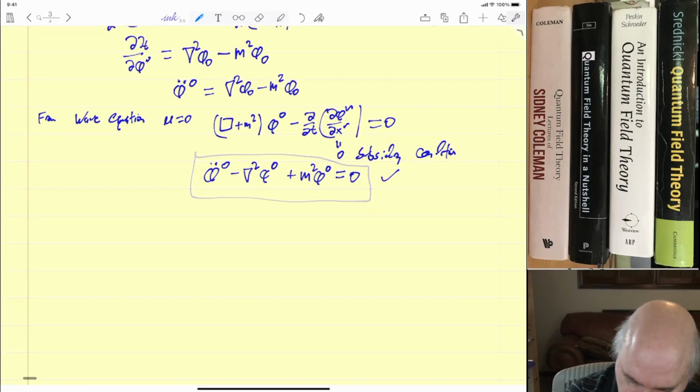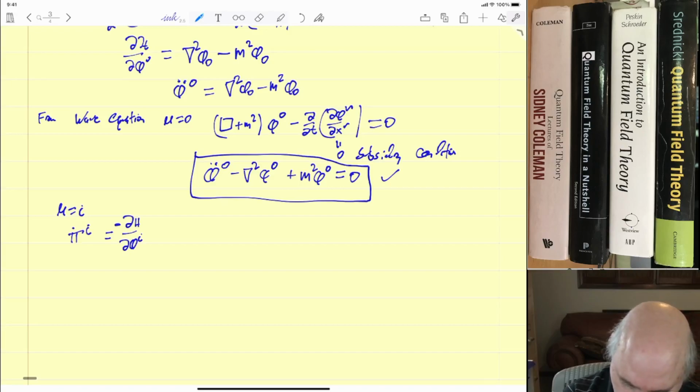And then for mu equals I, we have the partial of h with respect to phi I minus that is equal to pi dot I. Okay.